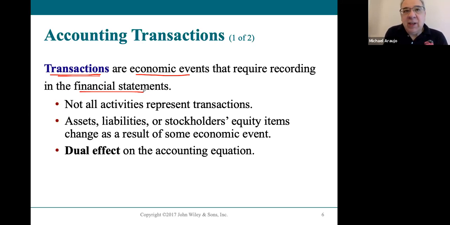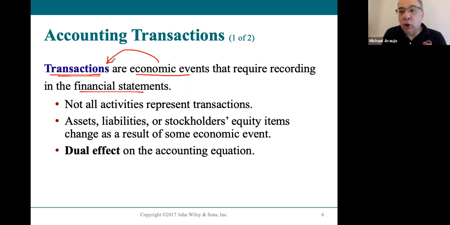The key thing you need to remember is if it changed the financial condition of the company as it happened, it's an economic event, which means it's a transaction. Only transactions get recorded in the accounting records, okay?